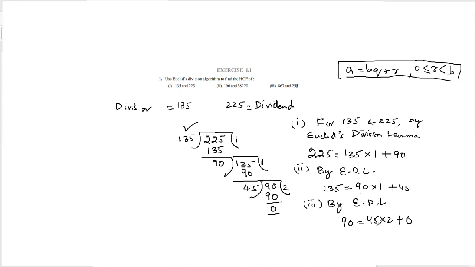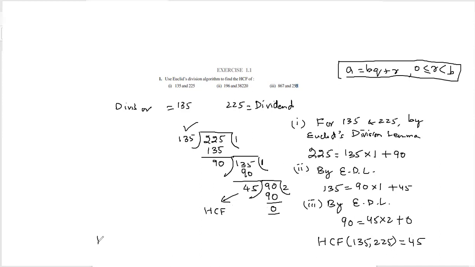A is equal to BQ plus R. Now I told you when R is equal to 0, B will be the HCF. This last divisor which will give you 0 will be the HCF of the given numbers. So here we used to write like this: the HCF of 135 and 225 is equal to 45. 45 is the HCF.